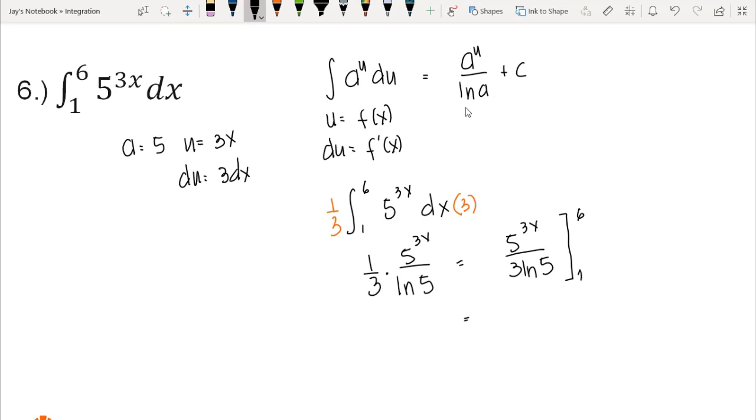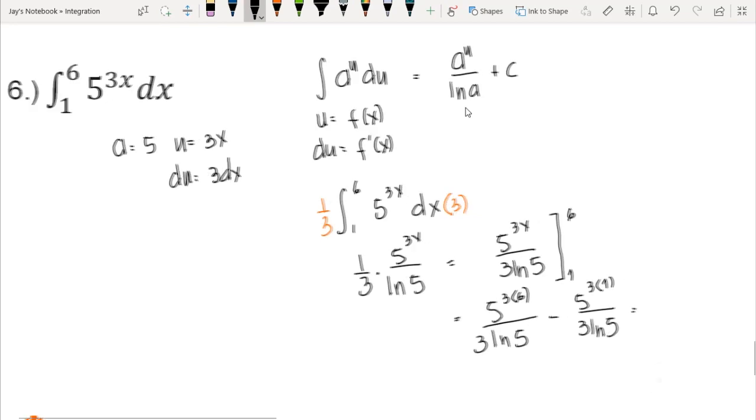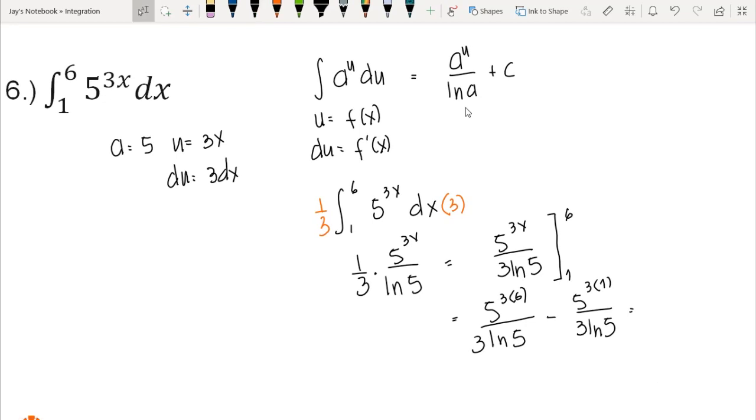So we substitute first the upper limit, we have 5 raised to 3 times 6 over 3 times the natural logarithm of 5, minus the lower limit, 5 raised to 3 times 1 over 3 times the natural logarithm of 5, and that gives us definite integral equals to 7.9 times 10 raised to 11.